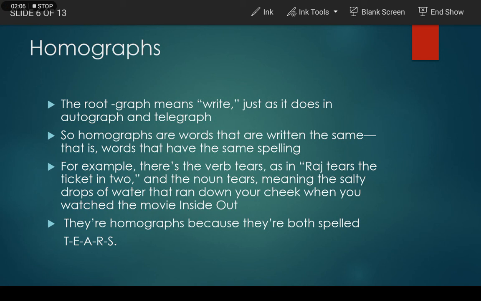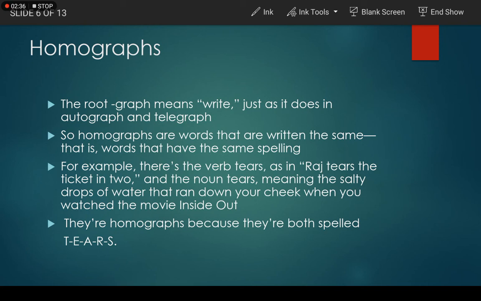So this is only an example. What I'm trying to make you understand is that the spellings are the same, but they belong to two different parts of speech. When you tear something, you make it into two pieces or into different pieces, like you tear a piece of paper, and when you cry, tears come out of your eyes.